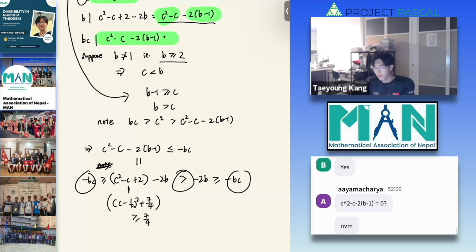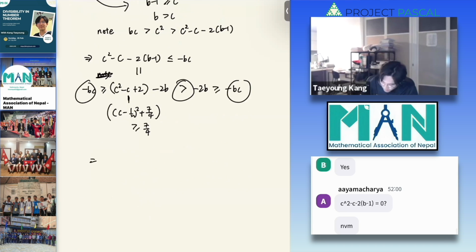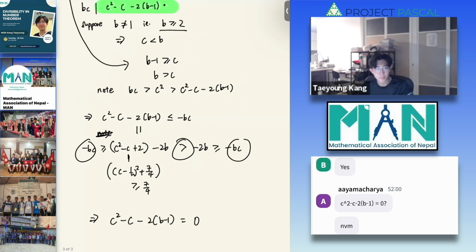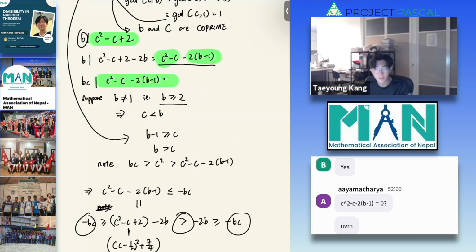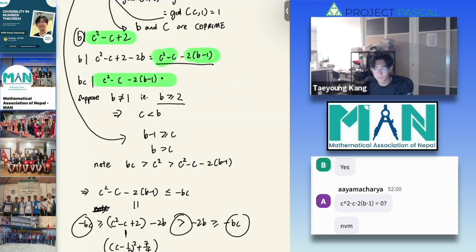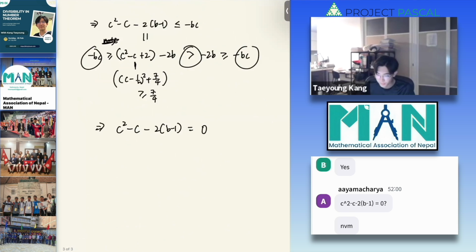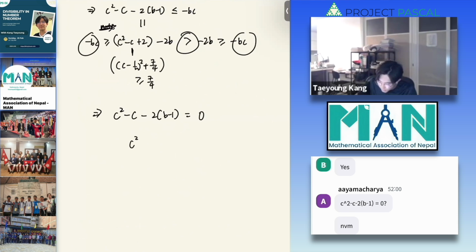So this means that c squared minus c minus 2b minus 1 is equal to 0. Since it cannot be a negative multiple, neither can it be a positive multiple, so it strictly equals 0. So we have c squared minus c plus 2 is equal to 2b.